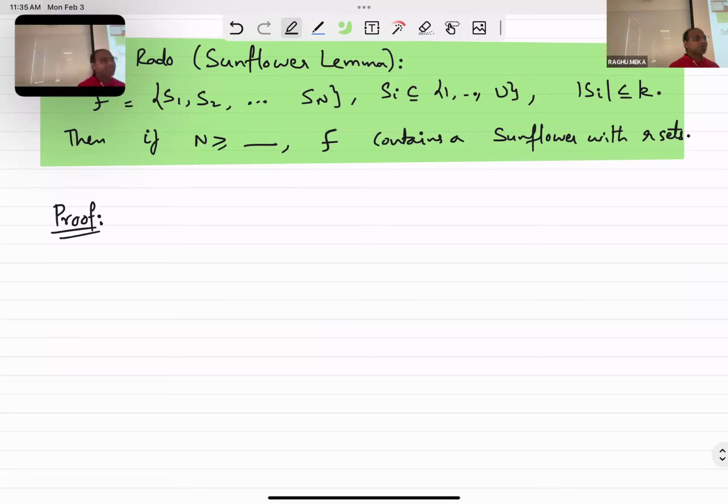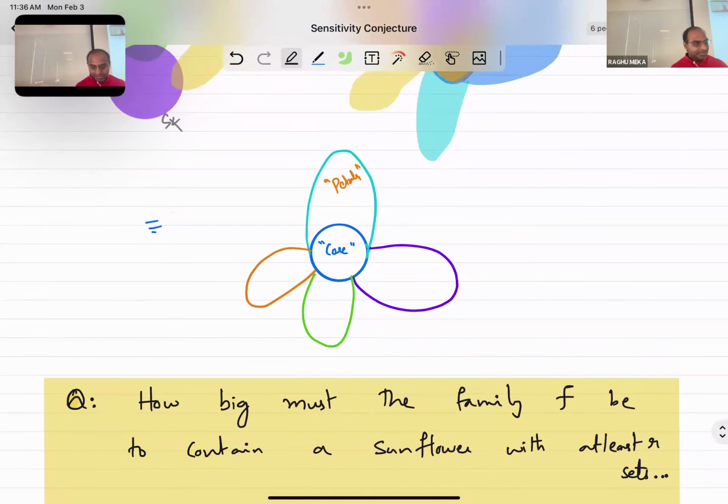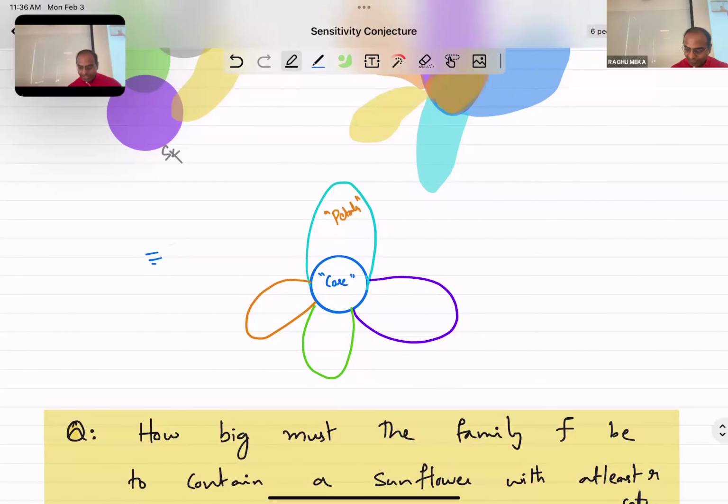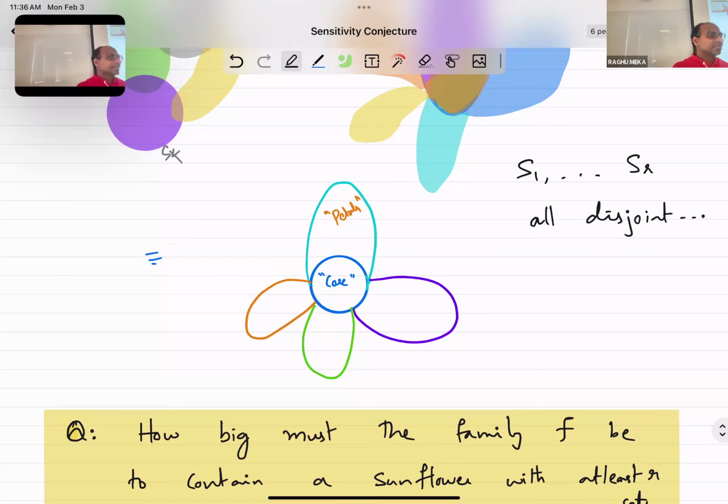Okay, let's try and figure out, in some sense, it's like the first sort of maybe greedy approach, and then we'll see. So one thing to keep in mind is, let's say I find R sets which are all disjoint. Is that a sunflower?